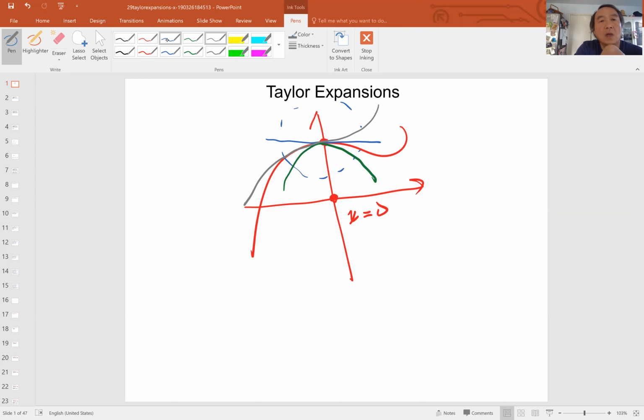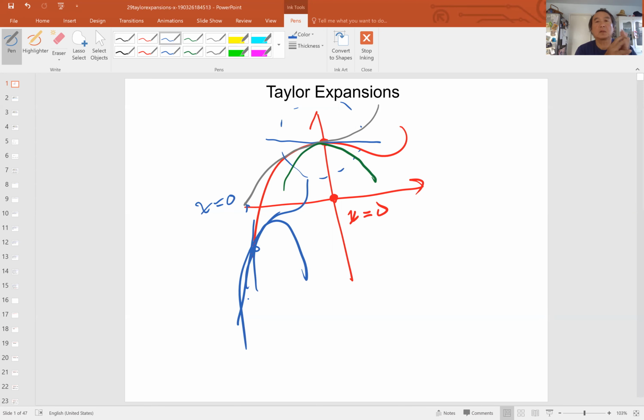Now we're going to talk about polynomial approximation at some other location, maybe over here at x equal to a. We're going to find the first degree formula, the parabola, and the third degree formula that approximate at that point.